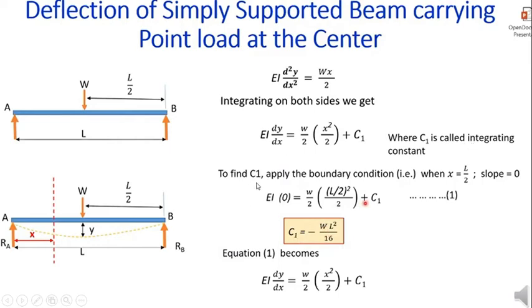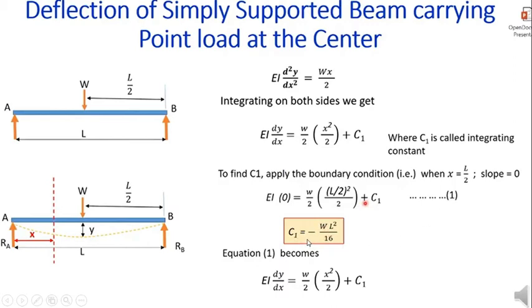To find C1, apply the boundary condition: when x equal to L by 2, slope is equal to 0. So we get EI dy by dx, the slope, equal to 0, then W by 2 into L by 2 whole square divided by 2 plus C1, that is equation number 1.